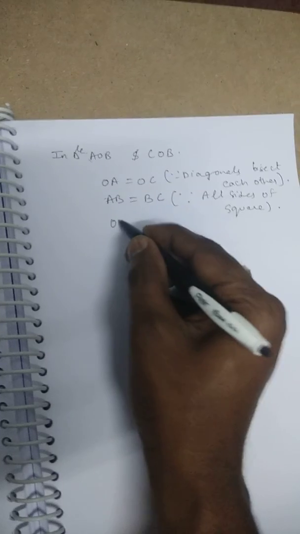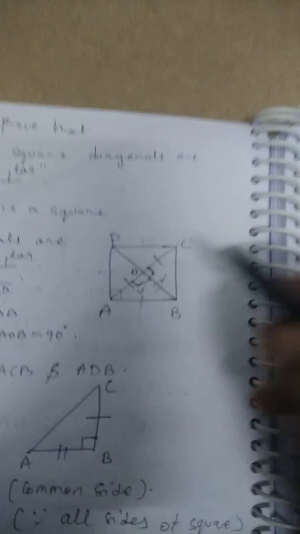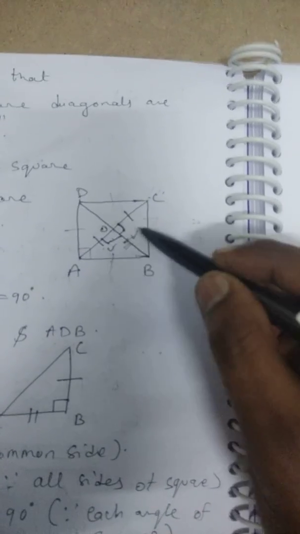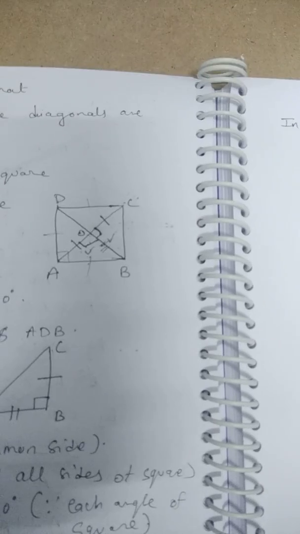Next, AB is equal to BC, since all sides of a square are equal. And OB is the common side in these two triangles.